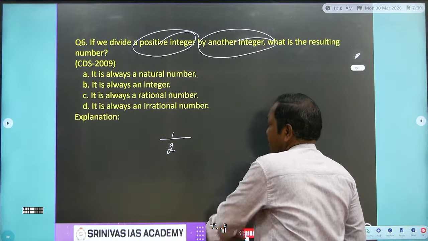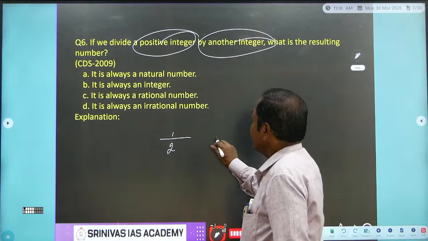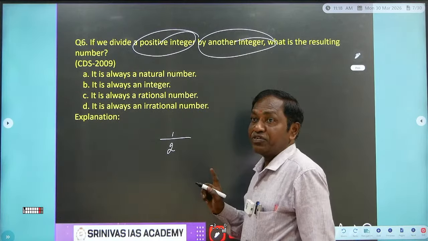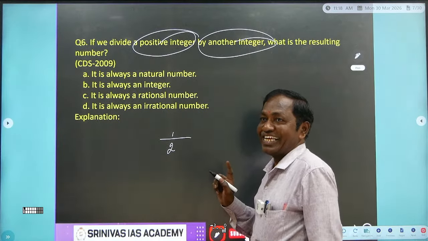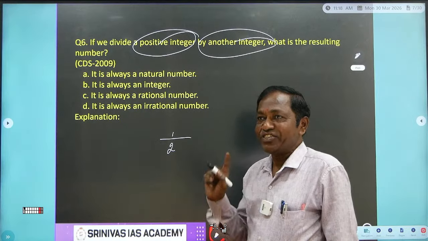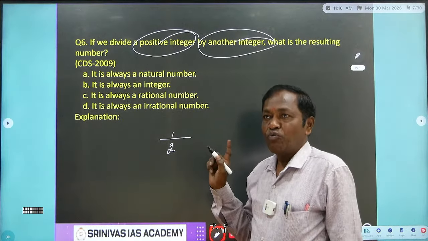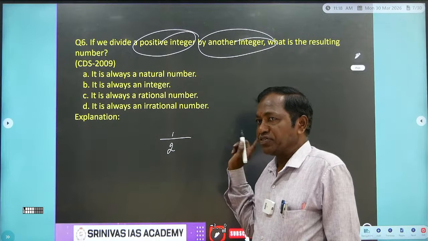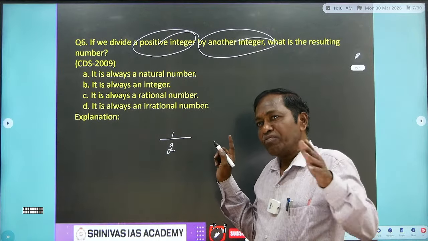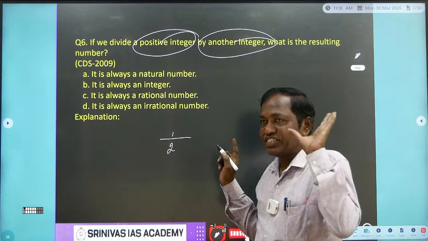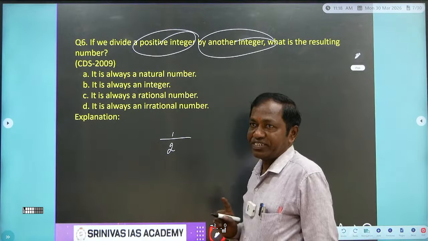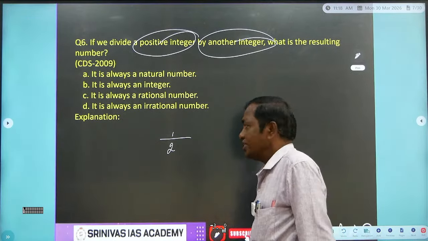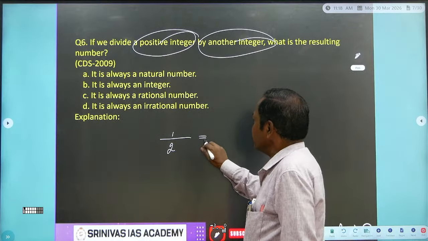Sir, take 0 by 1, positive integer is 0, no, sir? 0 is not a positive integer. 0 is an integer, that's all. 1, 2, 3, 4 are positive; -1, -2 are negative. 0 is just an integer. That's why I said a positive integer by another integer.